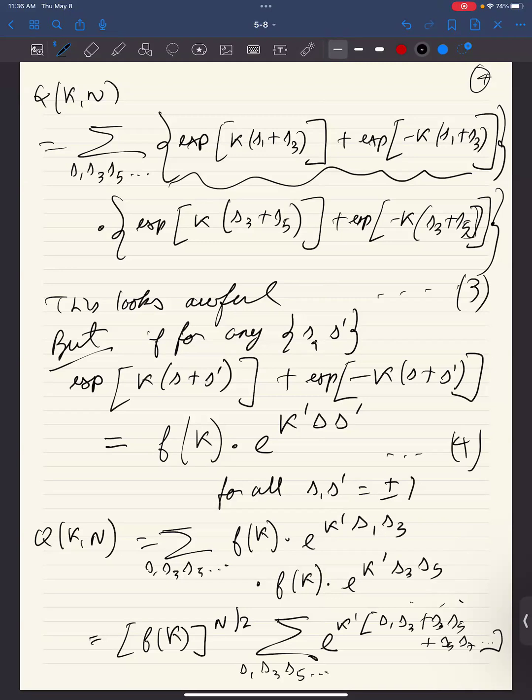It is an Ising model where the j term has been changed, the coupling is different, and spin number 1 is talking to spin number 3, spin number 3 is talking to spin number 5, spin number 5 is talking to spin number 7. So the coupling is k prime. The k prime has changed, and up front, instead of just having a number 1, you have something else, right? So this is just the Ising model with a very different set of interaction parameters.